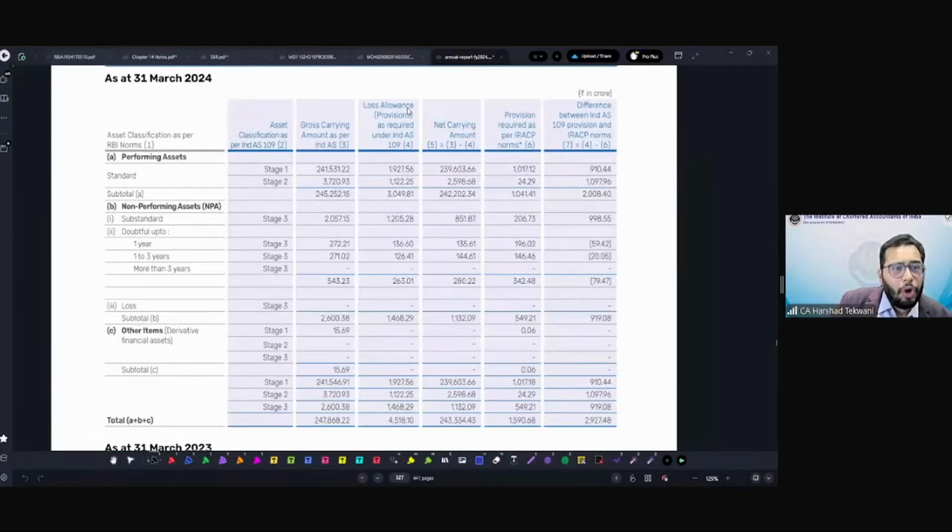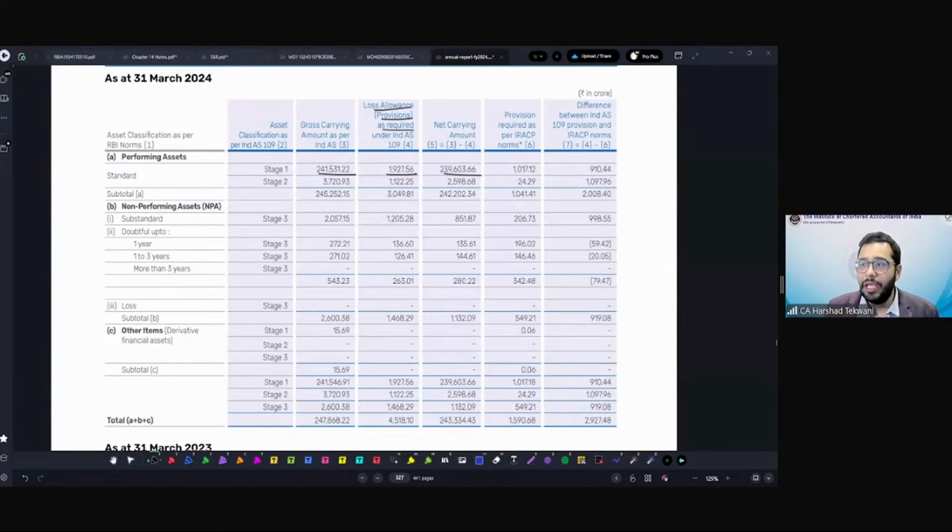This is a loss allowance or provision as required. Okay, and sometimes you need a provision on the basis of norms also. So whatever provision is required, you take this provision, you deduct it from the carrying value, and you get the net carrying value. Same for the NPA.